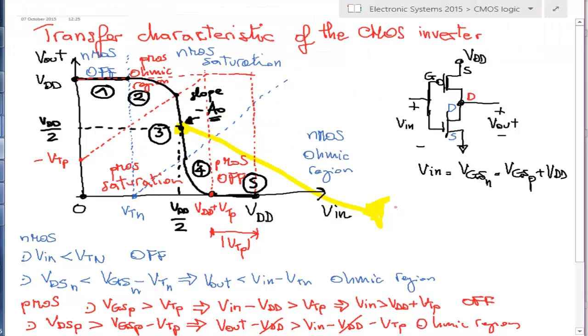Of course, since this characteristic is symmetric, also the noise margin for the high level is equal to the noise margin for the low level, and therefore also this is good from the point of view of noise margins. And it is something that we want.